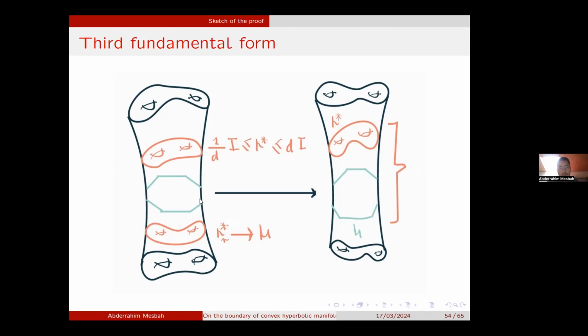So here we guaranteed that the sequence of bending laminations on the lower boundary of the convex core won't diverge, and we can again extract a subsequence of quasi-Fuchsian manifolds that converge to some quasi-Fuchsian manifold which realizes H star as third fundamental form in the upper boundary and realizes mu as bending lamination in the lower boundary.